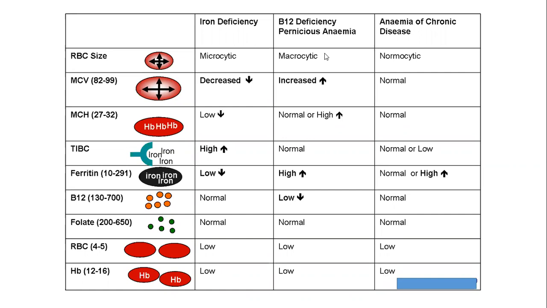So what do we learn from this table? We learn in case of iron deficiency, B12 deficiency or pernicious anemia, or anemia of the chronic disease, in all cases we can say red blood cell or hemoglobin is low, low, low, right?